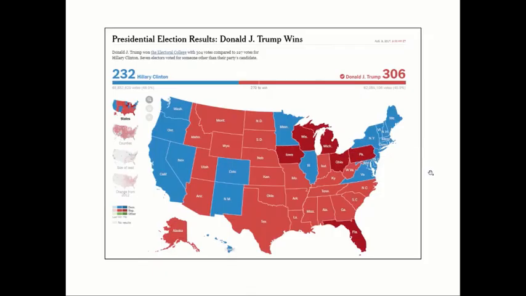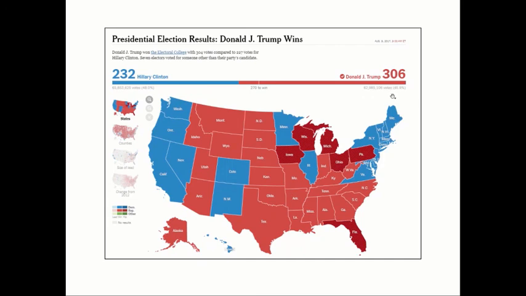So, for example, in 2016, it was clear that Hillary Clinton was going to win the national vote, which is exactly what happened. She got about 66 million votes, while Donald Trump only got about 63 million. So she clearly was ahead in the national popular vote. But Donald Trump was pretty popular in some of these small states here.